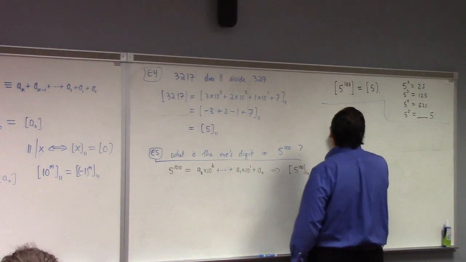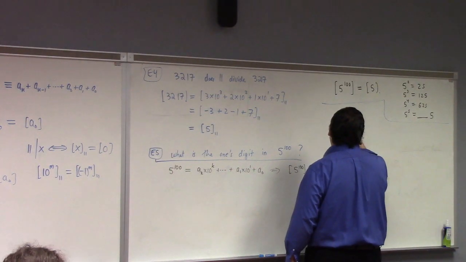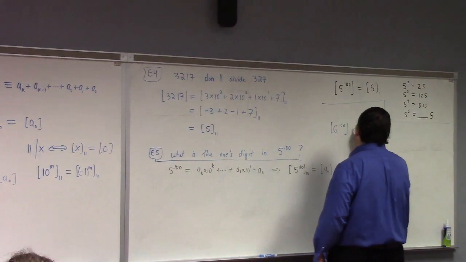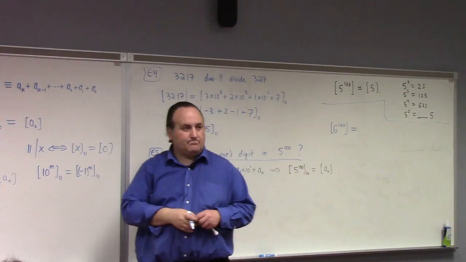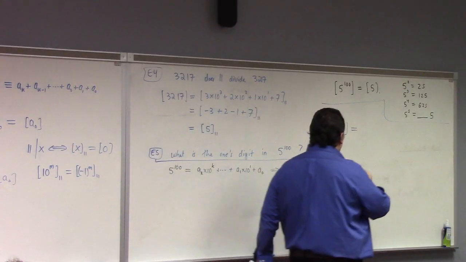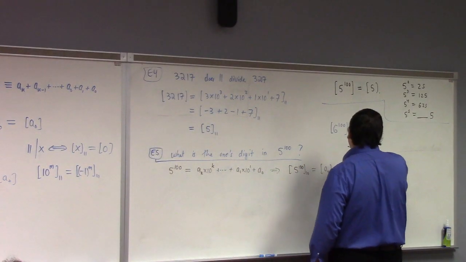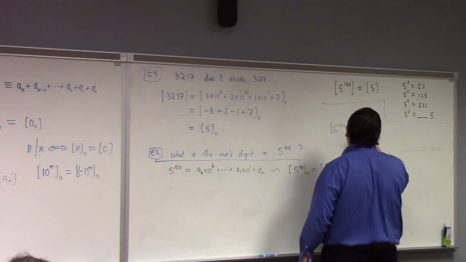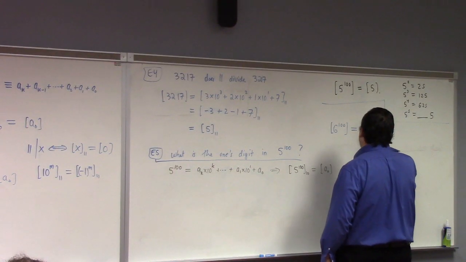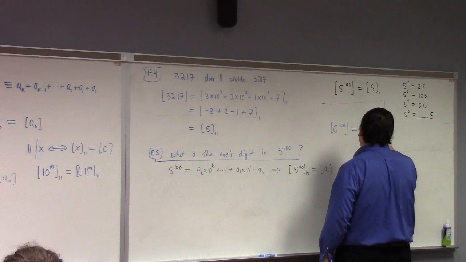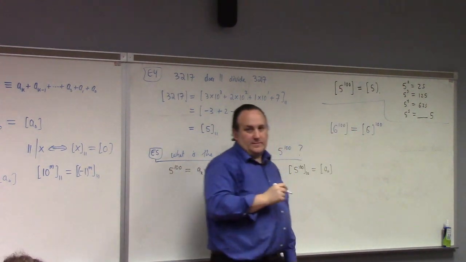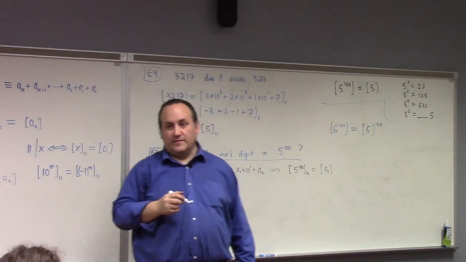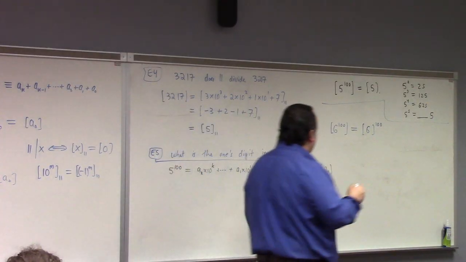How about 6 to the 100? Ha-ha! Now we're in trouble. What's the 1's digit in 6 to the 100? All right. So, faced with something like this, I could trade 6 for -4, right? Why work with 6 when you can work with -4?